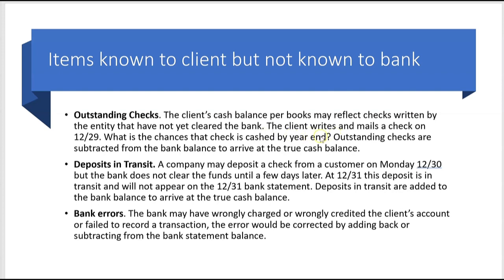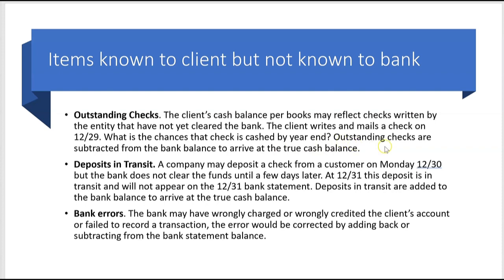Because the client's going to write and mail these checks maybe on 12/29, 12/30, 12/31, and it's going to take time for them to arrive in the mail at their destination and the other party to cash them. What's the chances that a check mailed on 12/29 to another party is cashed by year end? Very little chance of that. It'll probably be an outstanding check.